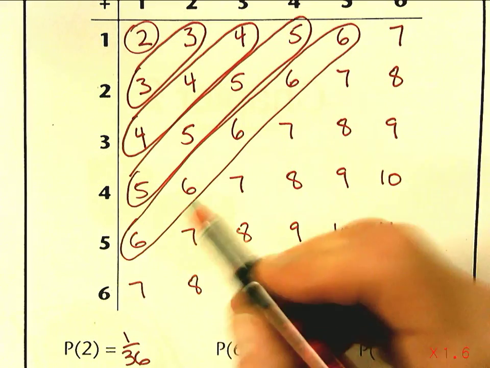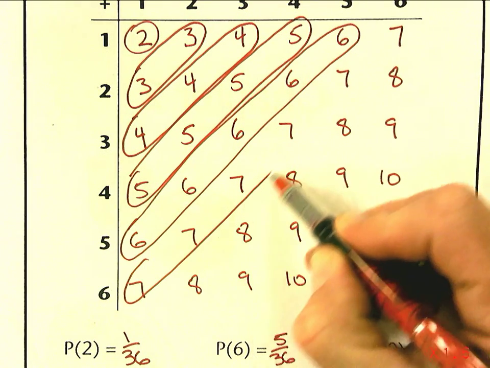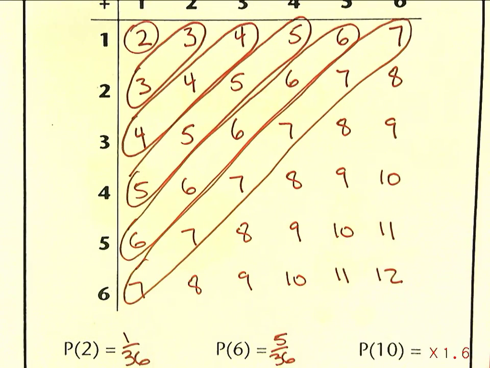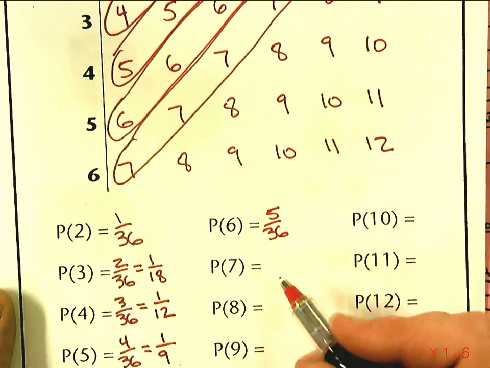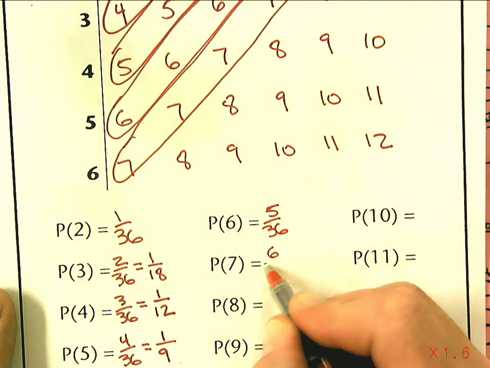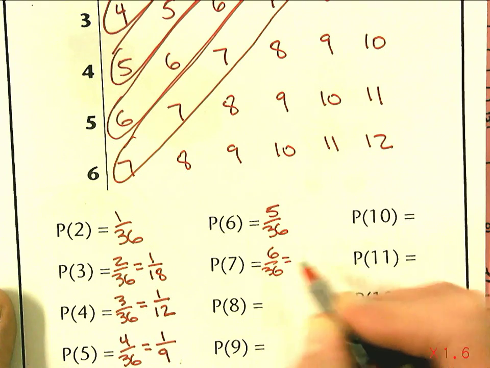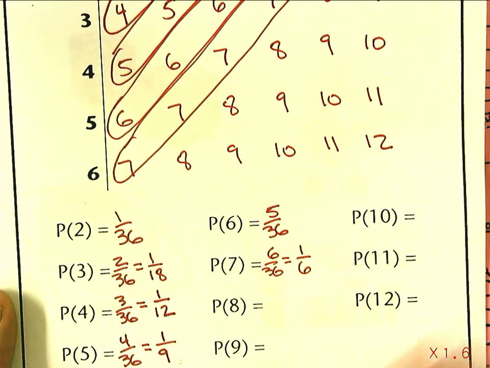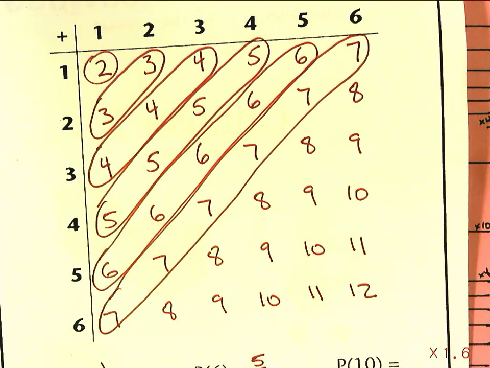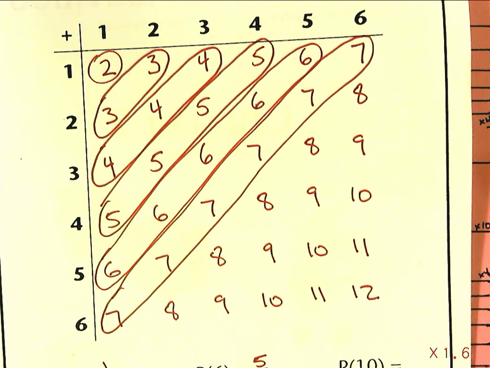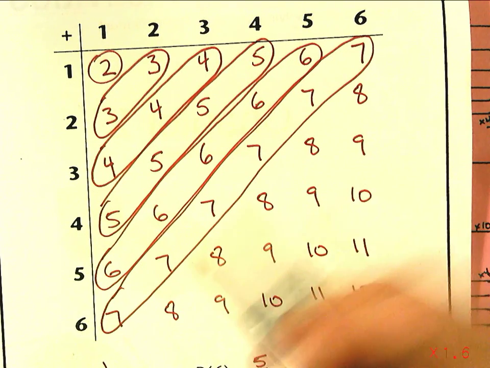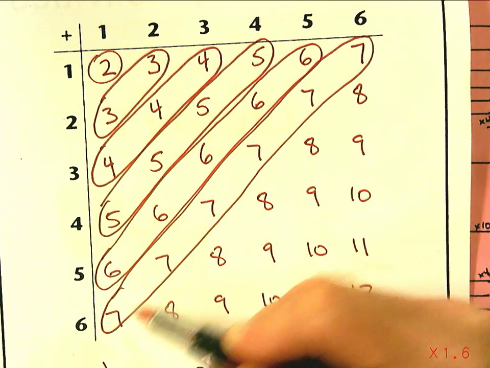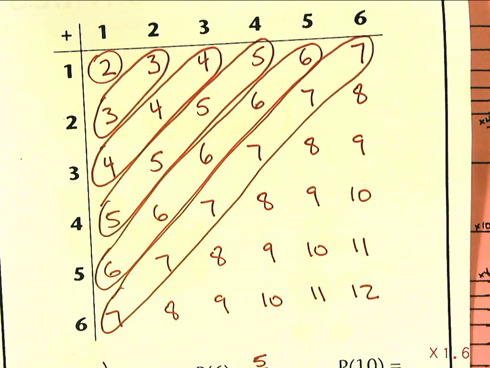And then 7s. 1, 2, 3, 4, 5, 6 out of 36. So we have 6 out of 36, and that is reduced to 1 every 6 rolls. And that's why sometimes they say lucky 7s, because on a pair of dice, the most common thing you can get, or at least the easiest roll to make, is a 7, because there's 6 ways to do that with 2 dice.